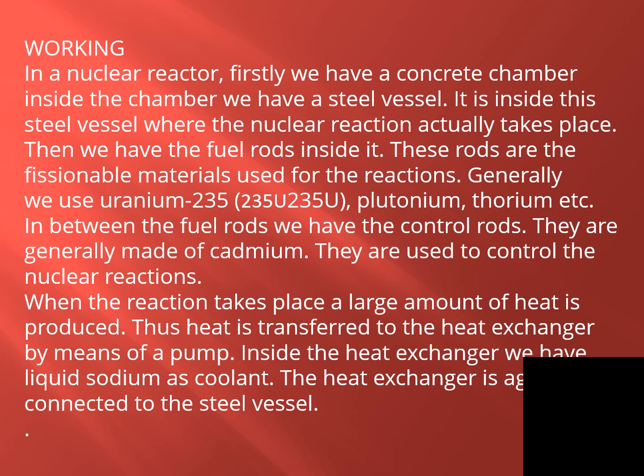Because of the fission, a large amount of energy is produced. In the heat exchanger, the heat energy produced is converted to steam. The steam is used to rotate the turbine, and thus heat energy is converted to mechanical energy. In turn, the mechanical energy is converted to electrical energy by a generator.